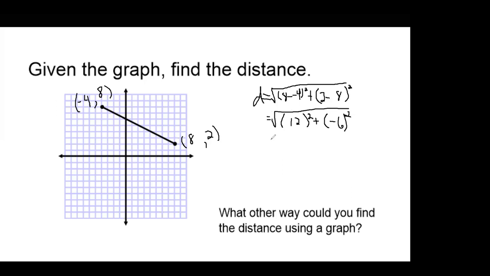Okay. 12 squared, good, 144. 6 squared, -36. Good, 36. What is it? 180, good. Is that a perfect square?